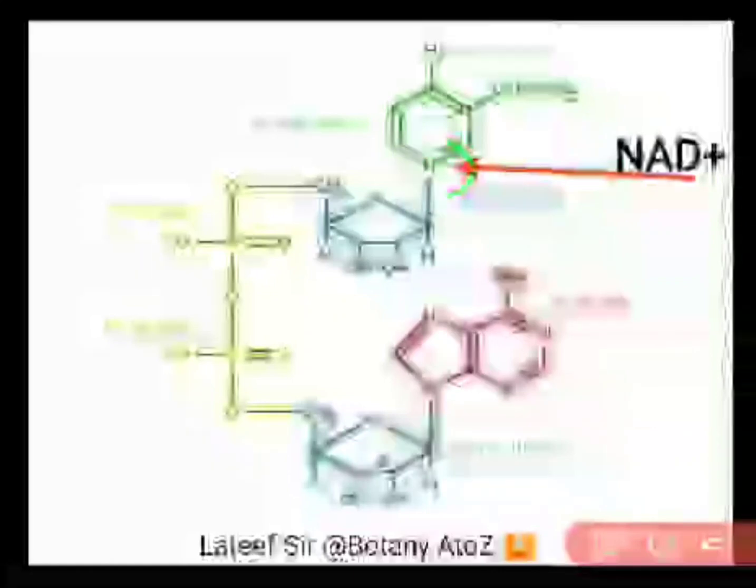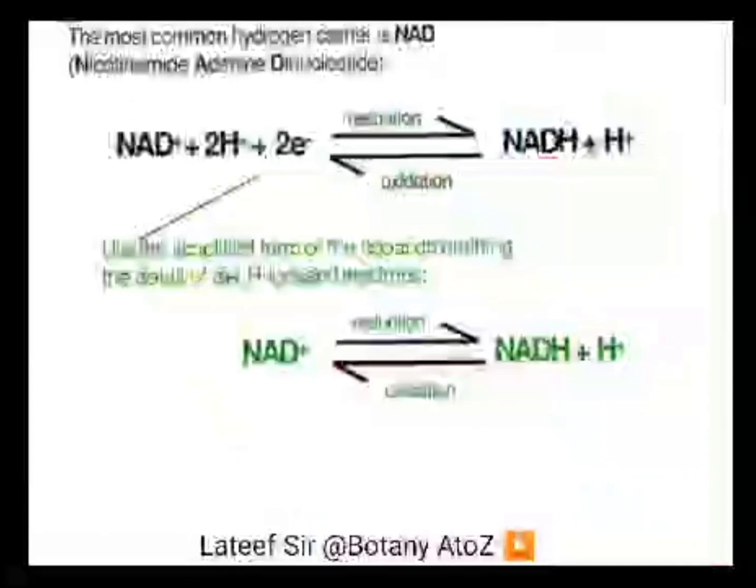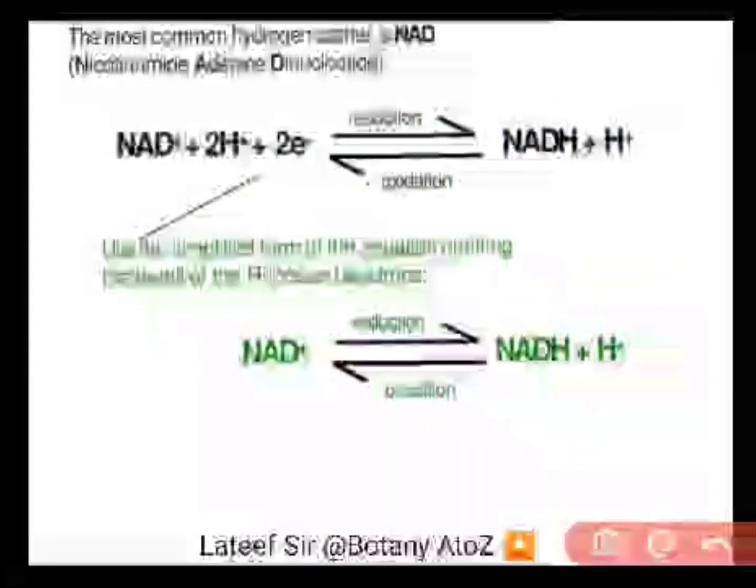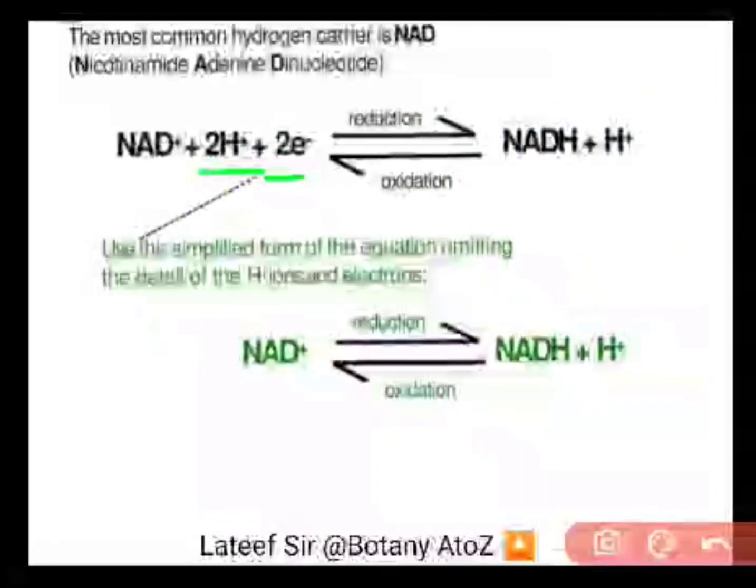So when we have 2 electrons and 2 protons, as you have seen in biological redox reactions during the Krebs cycle, or in photosynthesis during photophosphorylation, where the difference is only that it is NADP. In these reactions, when 2 electrons and 2 protons are provided to NAD positive, it obviously acts as an electron and proton acceptor.